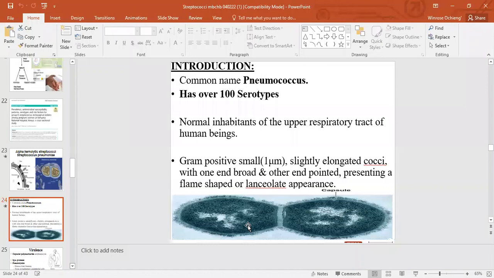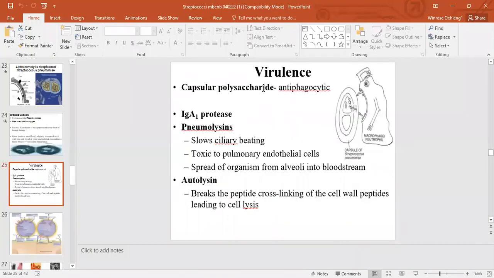From what you have seen in the other image, the capsule helps them. It's made of polysaccharide, and we also use this capsule when we want to do latex agglutination. You can do a serological test very fast from CSF to see whether a patient has streptococcal meningitis.